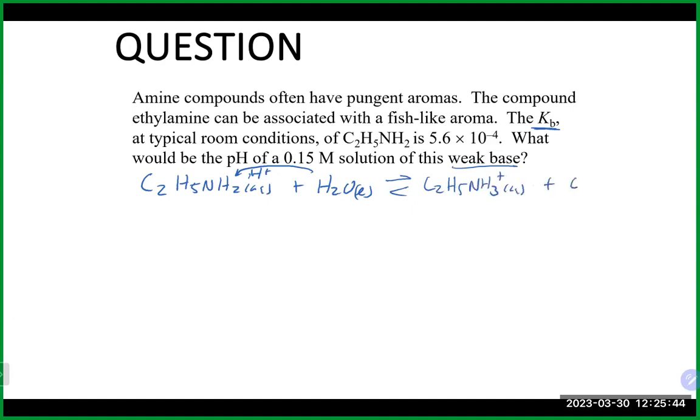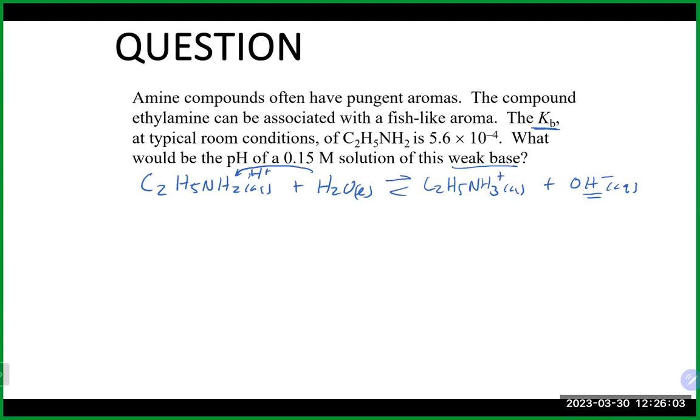And obviously when water loses its H plus, it will produce hydroxide, which again is why this is a base. So definitely I would include the water in the weak base reactions and just follow the definition of a base, and that will hopefully get you to what you need in terms of the equation.